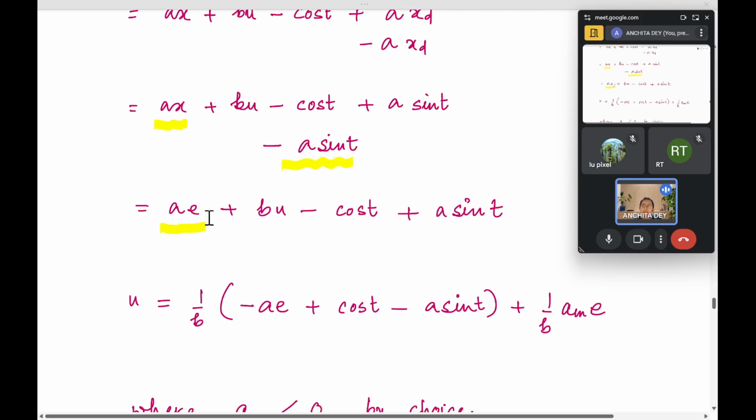Now that we have this ae, our input can be designed to be minus ae, 1 by B minus ae, plus cos t, so that these are cancelled, minus a sin t, so that these two are also cancelled. I hope it's clear.